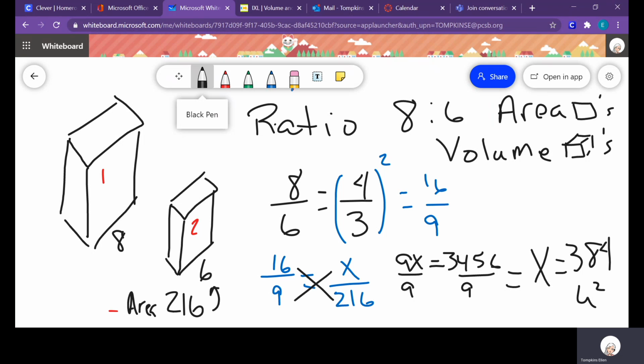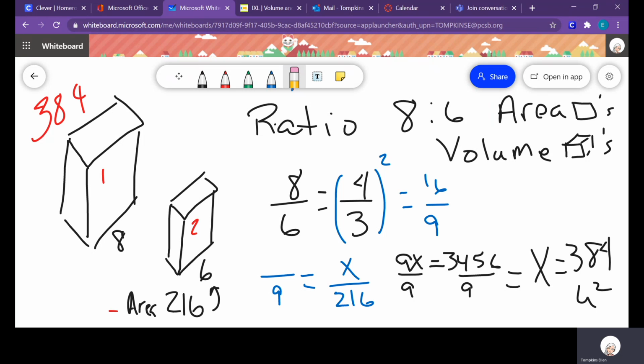Okay, and let's see if that makes sense. 384 here to 216, yeah, it's bigger. It makes sense.